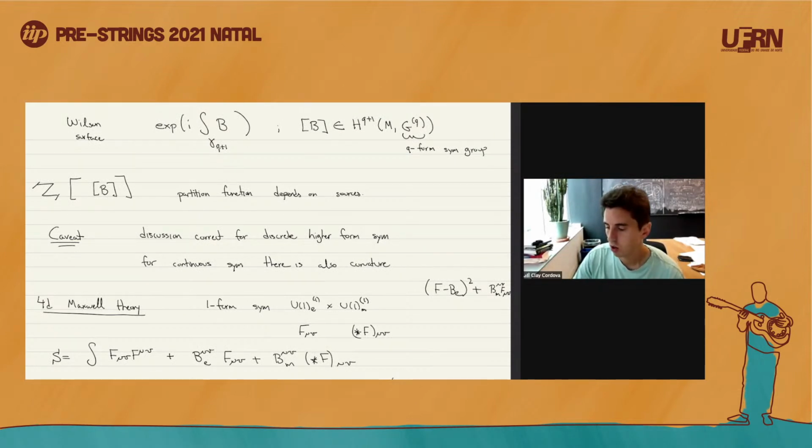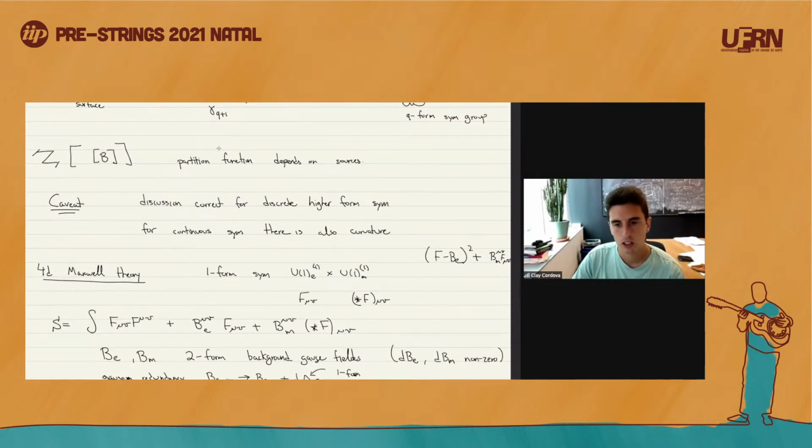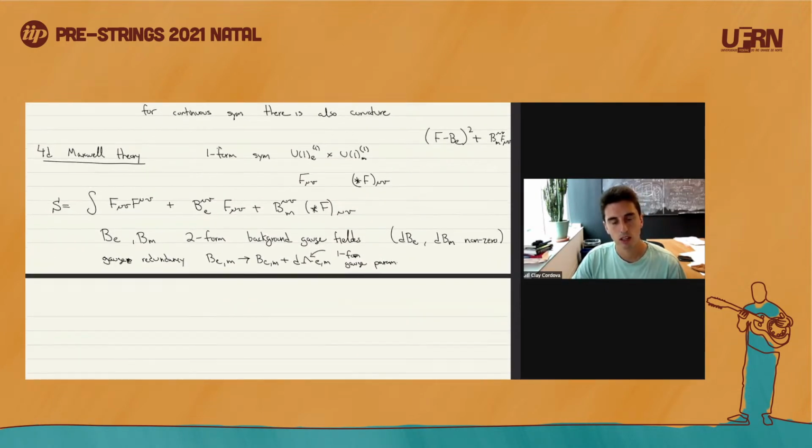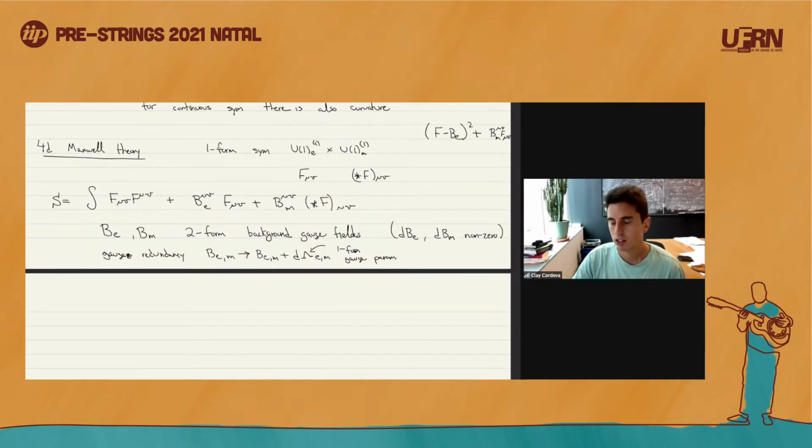So what I would like to do for the first part of today's lecture is to zoom in on the example of SU(N) Yang-Mills and to tell you more explicitly what that background gauge field is in SU(N) Yang-Mills.